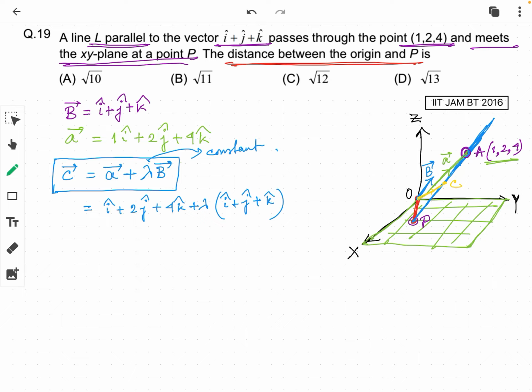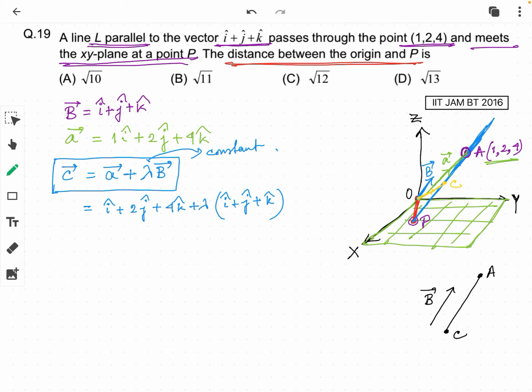See, this vector B is parallel to our line L. So if we have two parallel lines like this, suppose these are two parallel lines, this is the B vector, and this point is the C point and this is the A point.